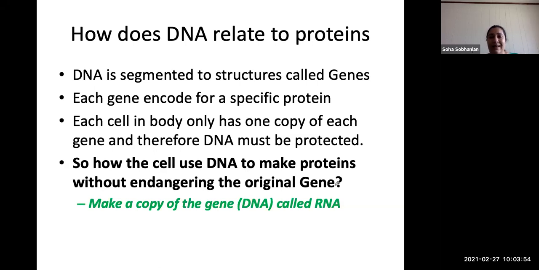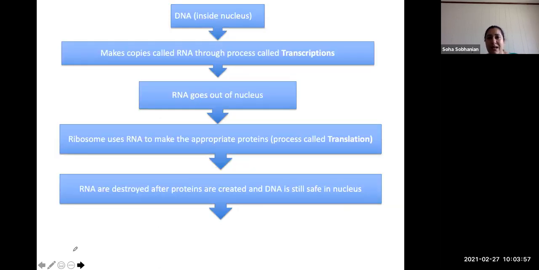So in reality, if you're looking at the order of things, guys, like I broke it down for you here. DNA is inside a space called the nucleus, and I'll talk about that in our next PowerPoint. DNA is going to make its copies called RNA through a process called transcription. Because when you transcribe something, it's what?